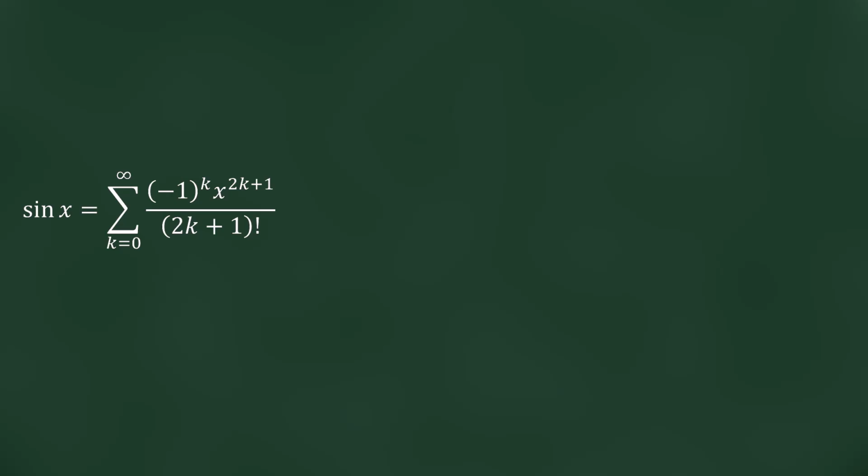Let's walk through the same process for the function f of x equals sine x, again centered at 0. So if we do this, we know that f of 0 is going to be 0.